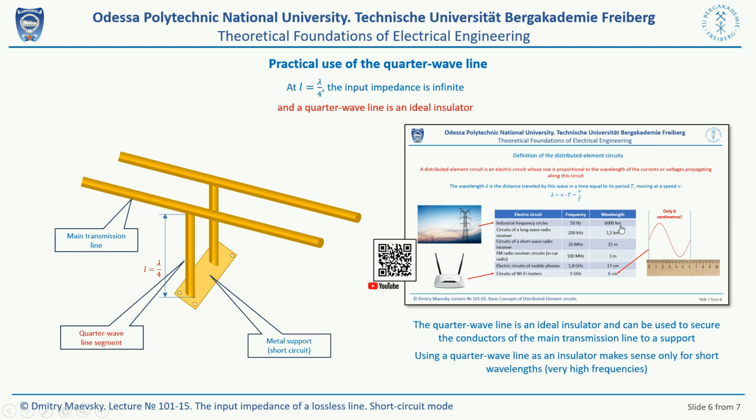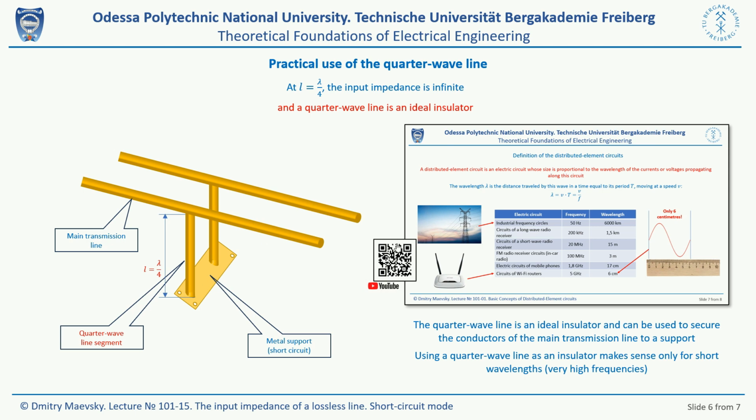Hence, to insulate a power transmission line, we would need to make metallic conductors that are about 1,500 kilometers long. You can see how impractical that is.